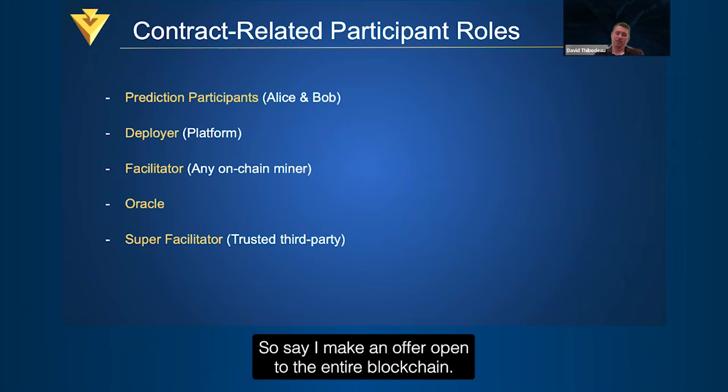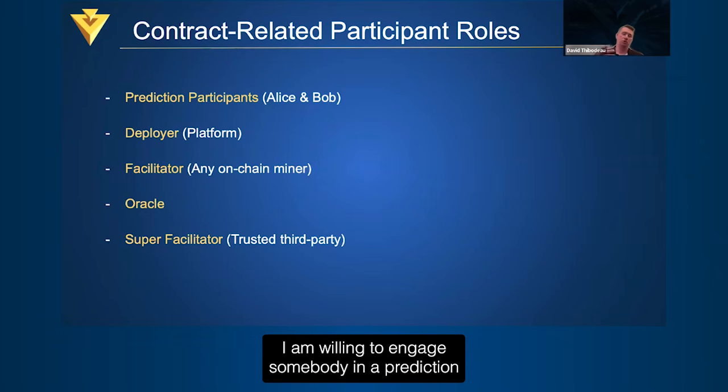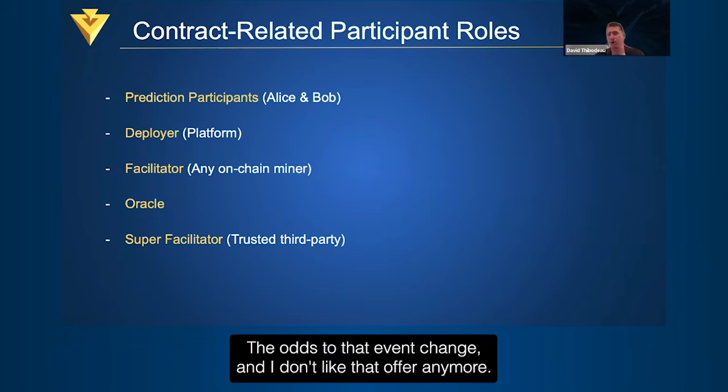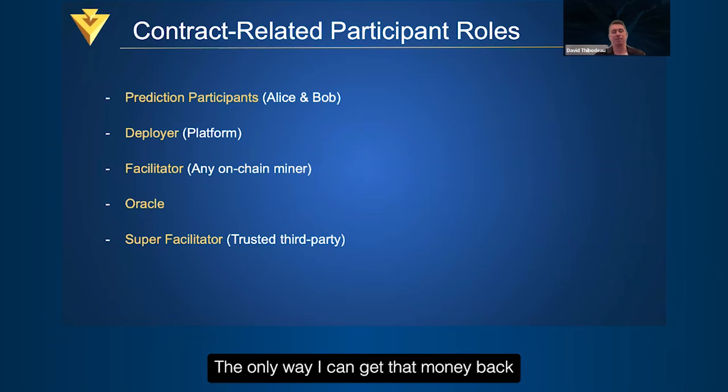So, say I make an offer open to the entire blockchain. I'm willing to engage somebody in a prediction smart contract on this event. I'm waiting for a couple hours, the odds to that event change, and I don't like that offer anymore. The only way I can get that money back is by invoking the super facilitator rule.